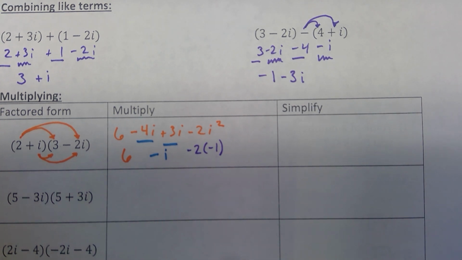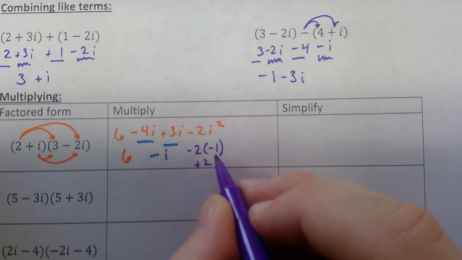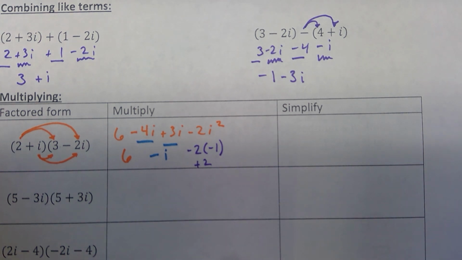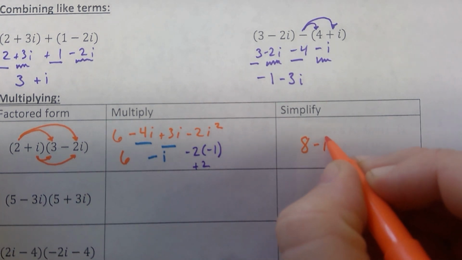I'm going to go ahead and write this as +2 because we have -2 times -1. And now when I simplify, my 6 and my 2 are both like terms, and then I have just the -i, and I'm going to end up with 8 minus i.